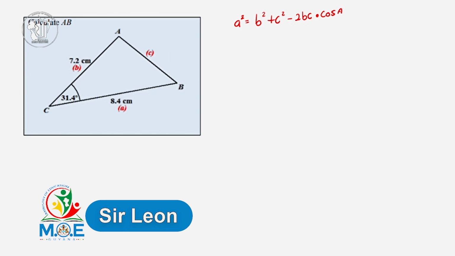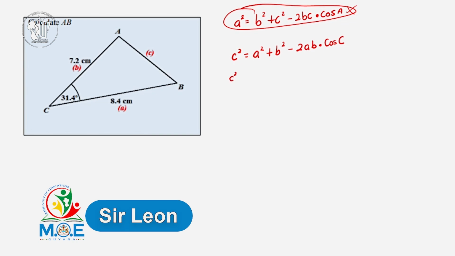In this case, instead of a squared, it will be c squared is equal to a squared plus b squared minus 2ab multiplied by cos C. So we work this out. We know c squared is the thing that we want to find.